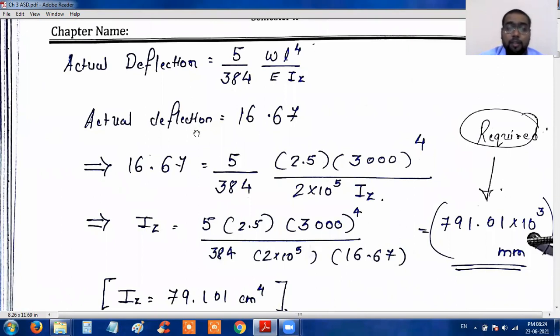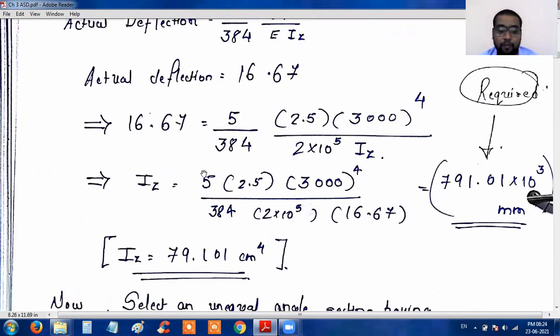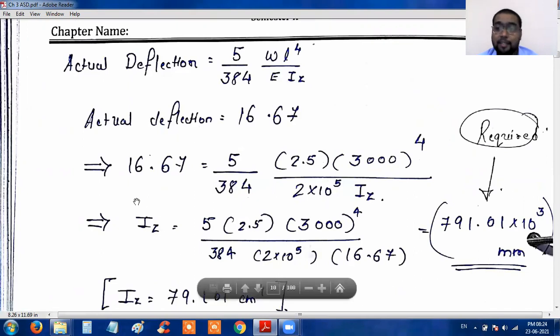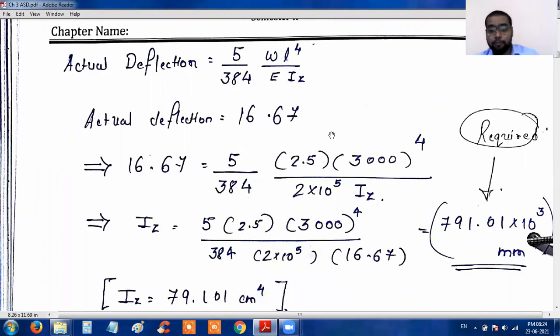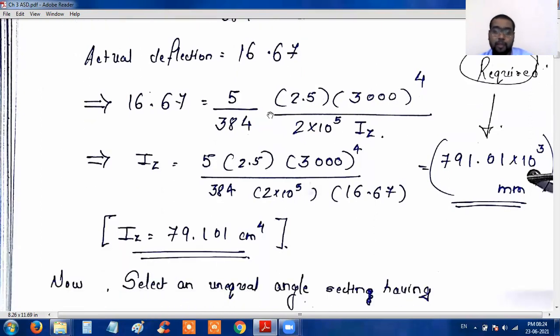Then we put the deflection value in that formula and find out the Iz value. Here W is 2.5, the L is 3000 mm, and value of E means Young's modulus 2 into 10 raised to 5. Then Iz value we have to find from that equation.